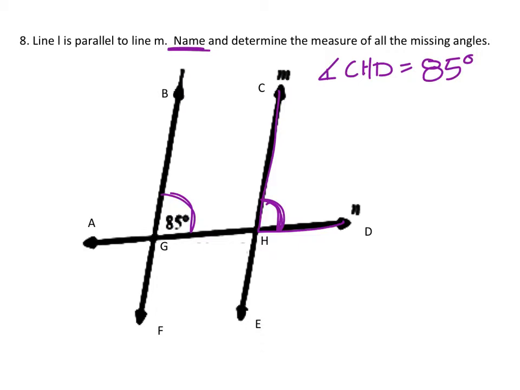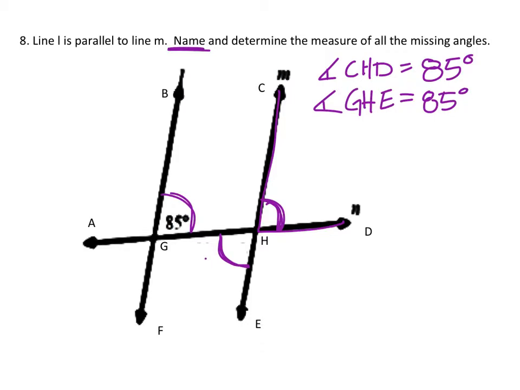Also, angle BGH is alternate interior with this angle, which I'm going to call angle GHE, which also then would be 85 degrees.